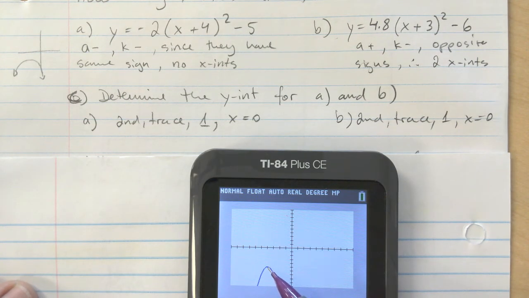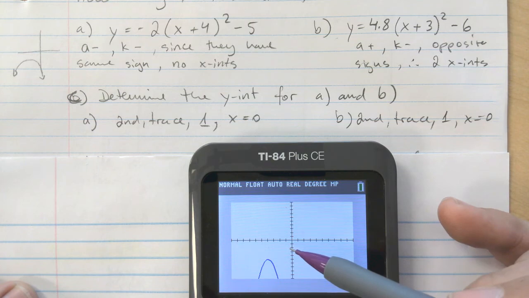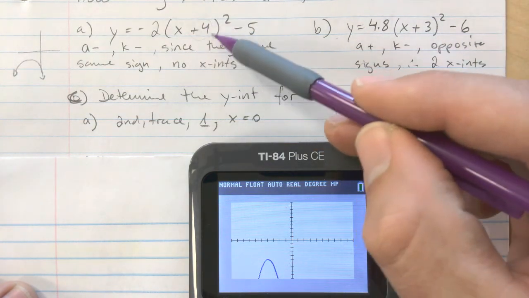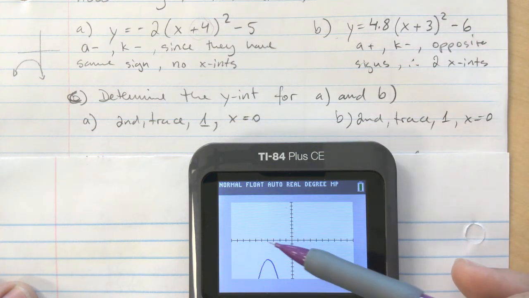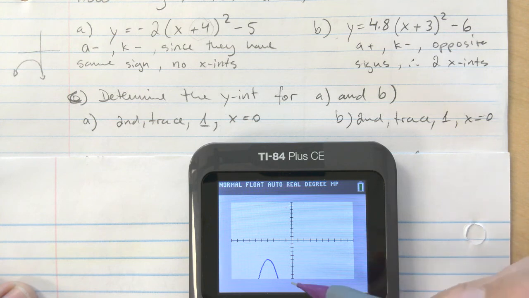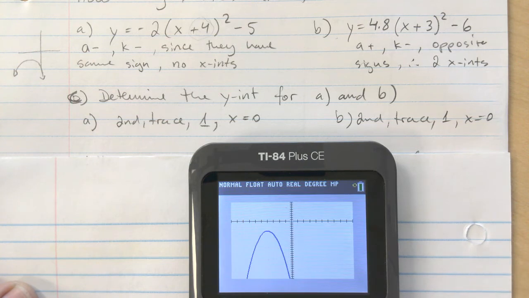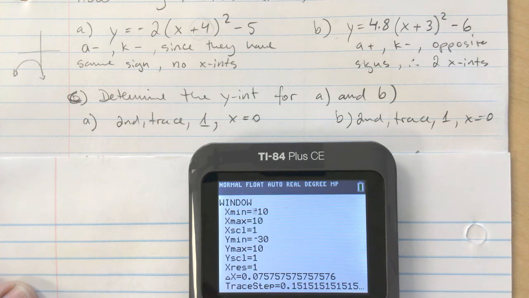It's right there. And watch this. Do you notice where your vertex is? Even though it's positive 4 here, it's really at negative 4, negative 5, right? Where's my y-intercept? It's going to be way down here. So I need to go to Window and decrease my y-min to minus 30 maybe. Still not, so I'm going to do even more.